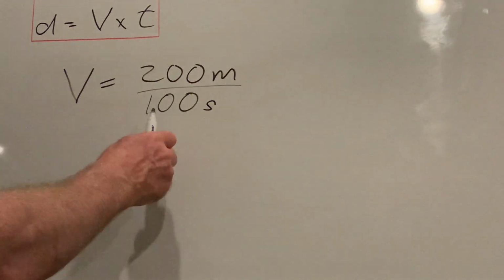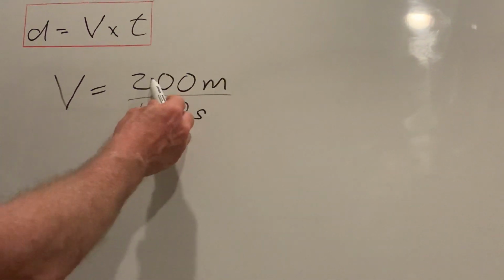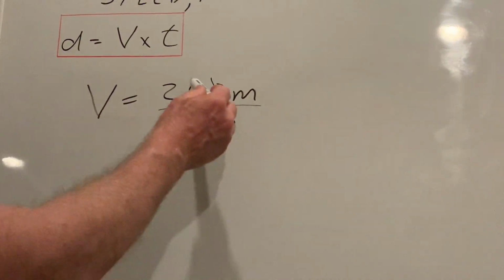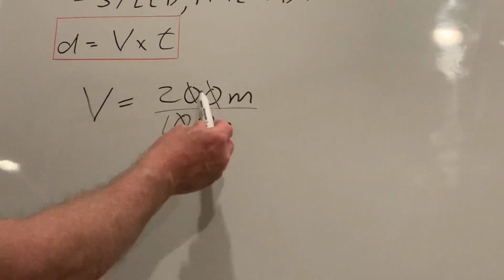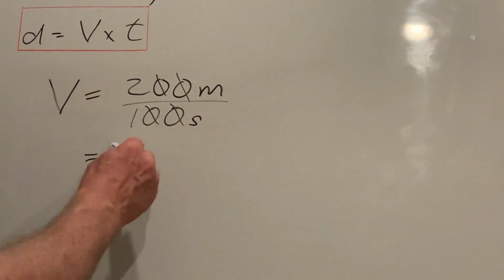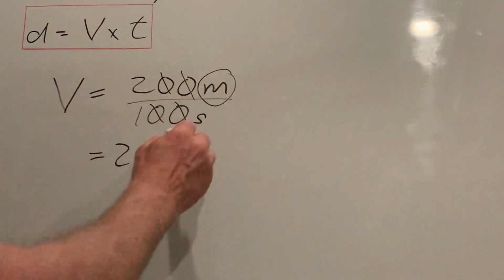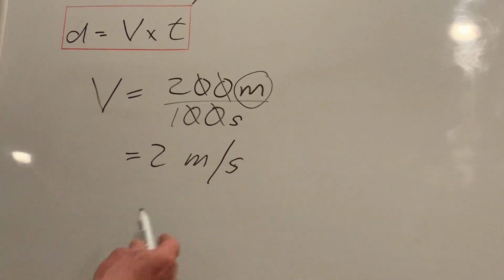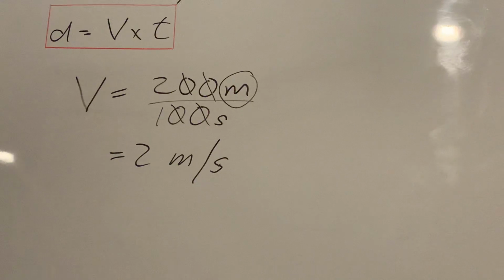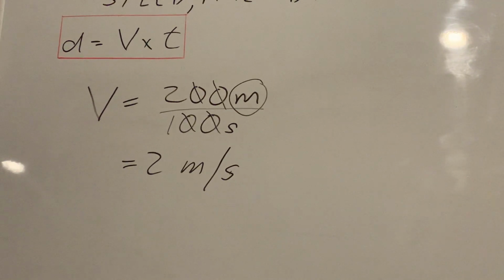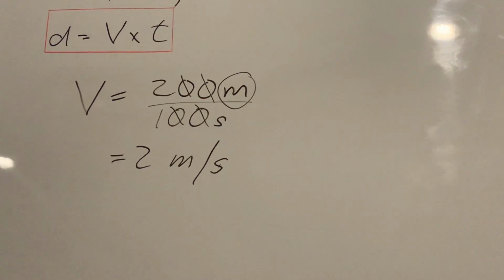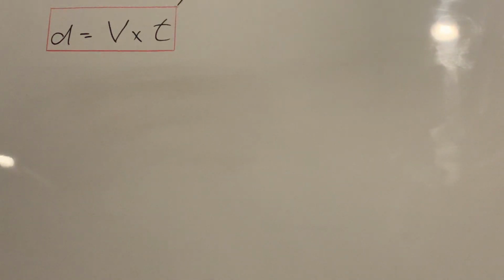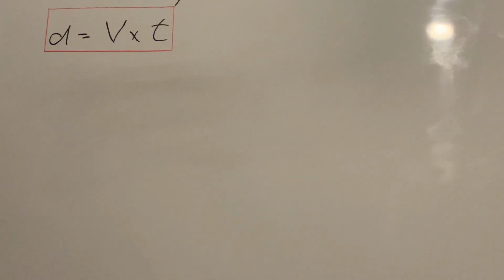So Terry, 200 divided by 100, we can actually cross the zeros out if you wanted to make it easier. 200 divided by 100 equals 2 meters per second because it's on the bottom. So Terry, you're traveling at 2 meters per second, which I don't know the stats on turtles, but actually you're probably doing pretty well. Good for you. Okay, so Terry was traveling at 2 meters per second.